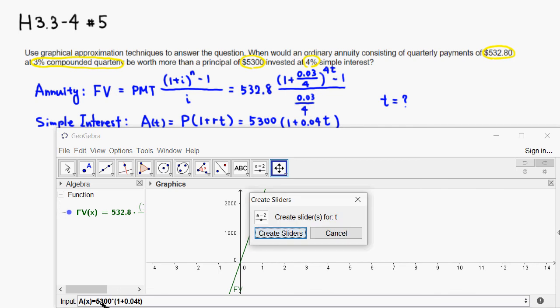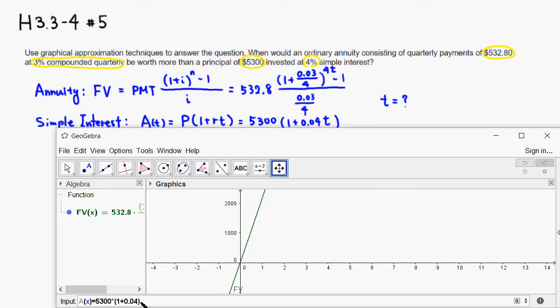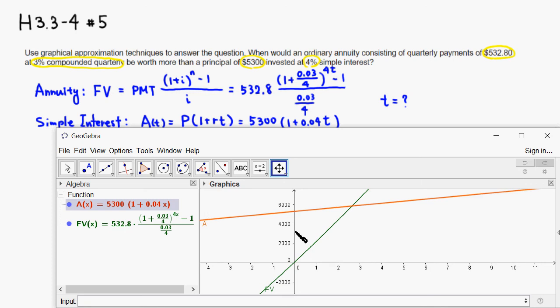Oh, actually, sorry, I need to cancel, because I used t there, so this is actually x. Sorry about that. So this is the simple interest one, and we cannot see it, so I'm going to bring it down here. It's right there. The red or orange curve is the simple interest.